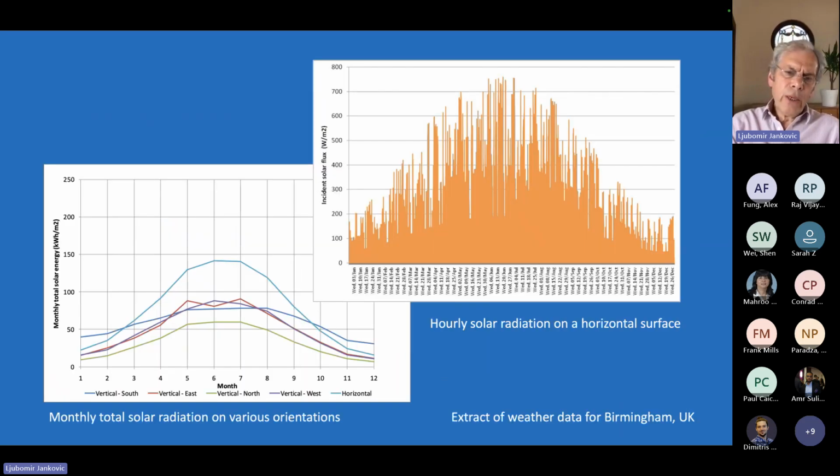Of course, we have weather data for the site location, and this comes in various forms, such as monthly total solar radiation on various orientations, or hourly solar radiation on a horizontal surface, or in fact various parameters, including temperature, relative humidity, wind velocity, direction, and so on.